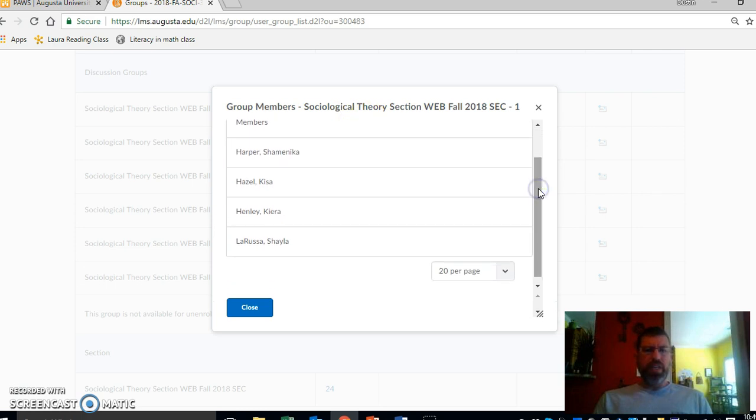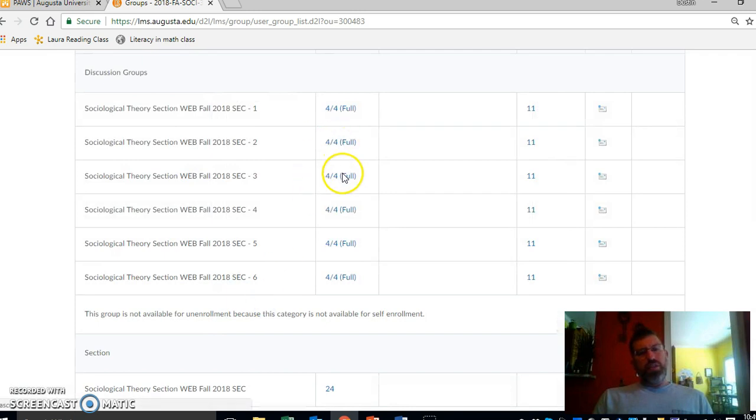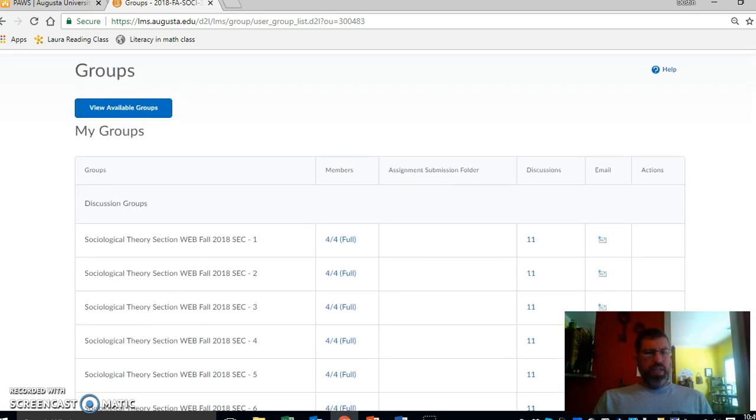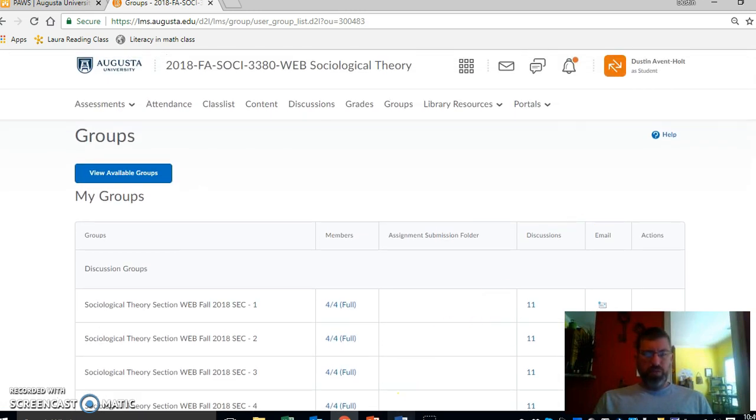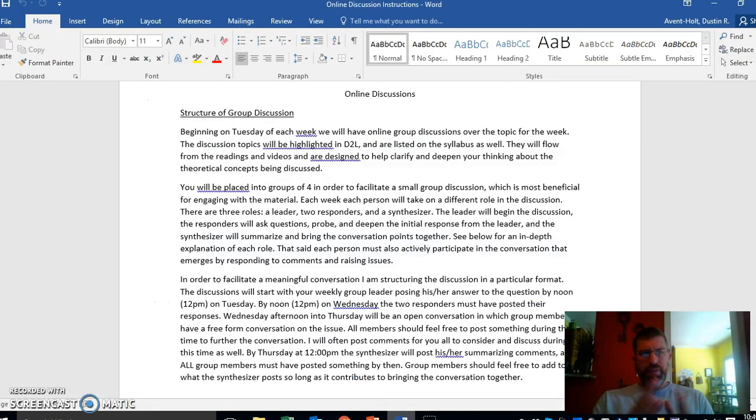Here you can see in group 1 is Shamanika Harper, Kisa Hazel, Kiera Henley, and Shayla LaRussa. You can find your name in each of these, whichever group you're in, and that's going to be important for you to know, especially in a few minutes.